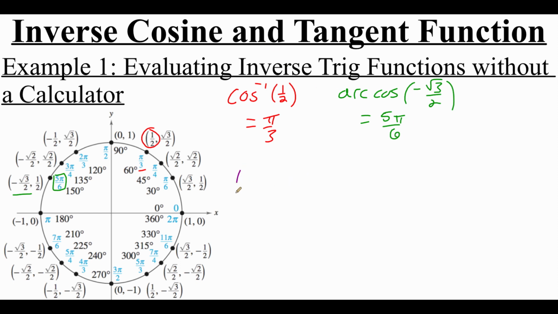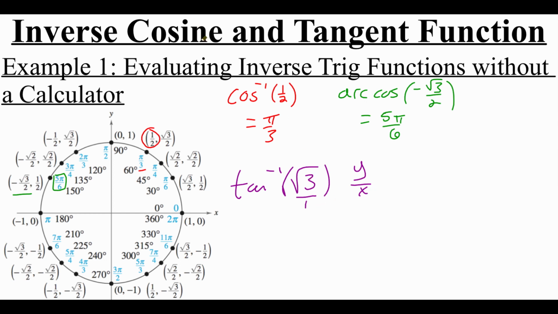Now, tangents are a little bit trickier. If I wanted to do the inverse tangent of the square root of 3, we have to remember that tangent fractions are made by looking at y/x. So I'm going to take the square root of 3 and turn it into a fraction by putting it over 1. Now, here's what I'm looking at. My y value needs to have a √3 in it, and my x value needs to have a 1 in it.